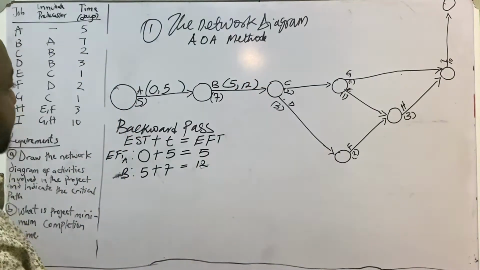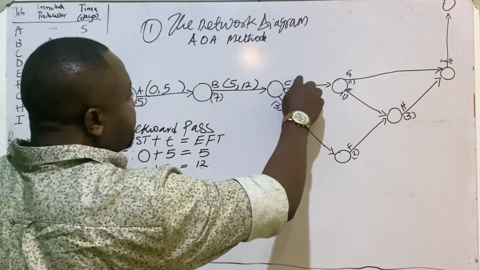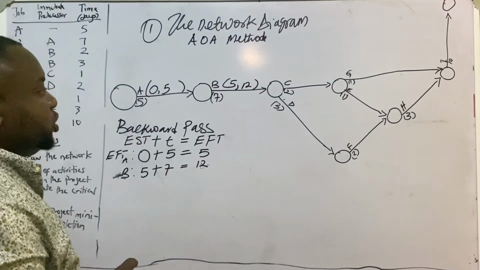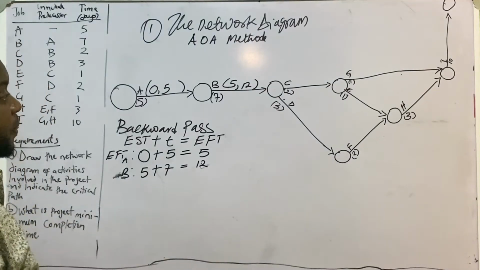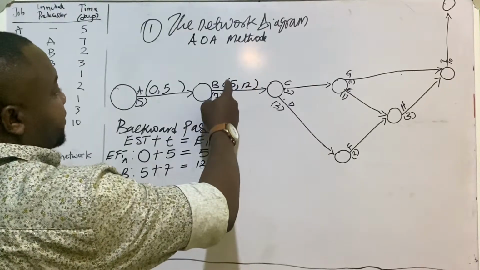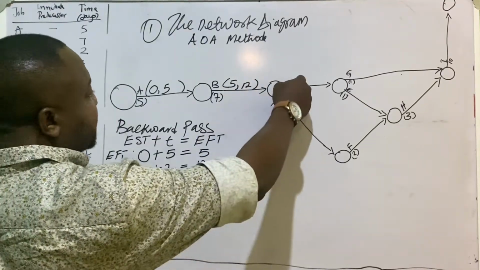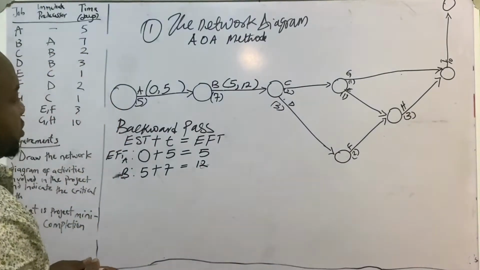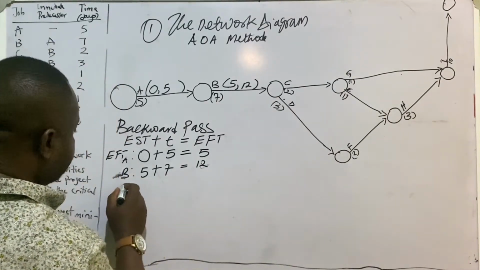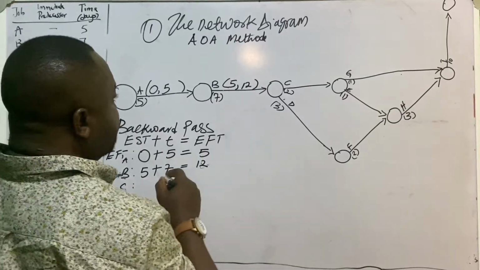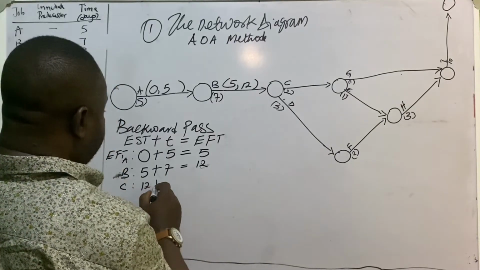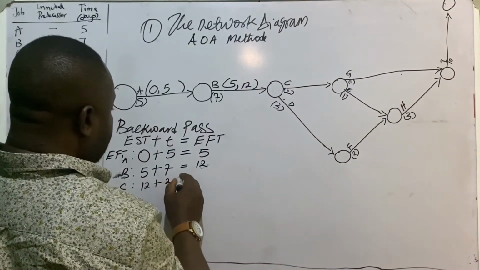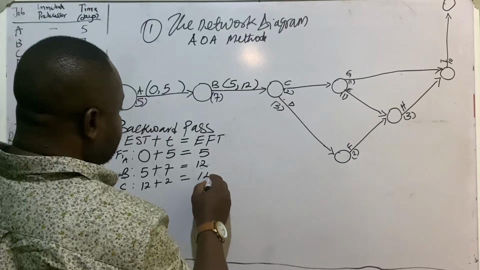Then we go again, because activity C and activity D will start at the completion of activity B. The finish time for activity B becomes the start time for activity C and of course activity D. So for activity C, the start time will be 12 plus the time of the activity, which is 2, which is 14.